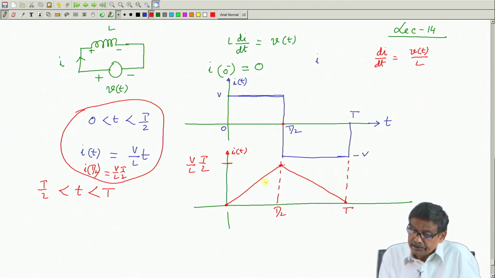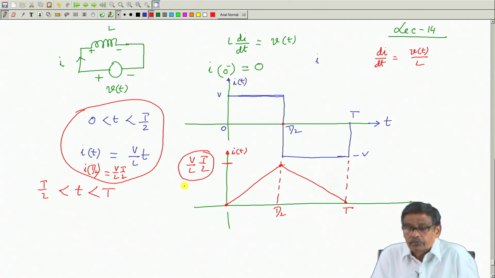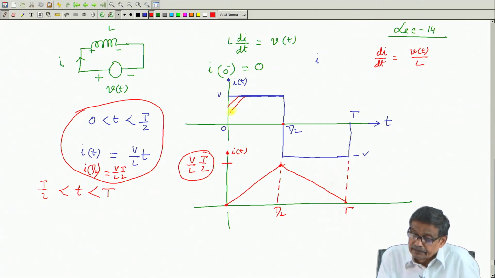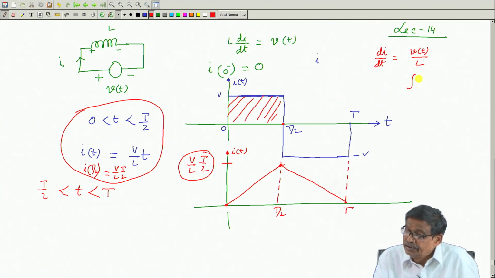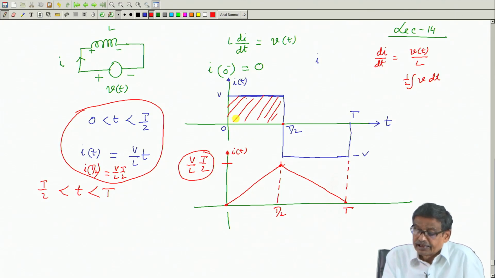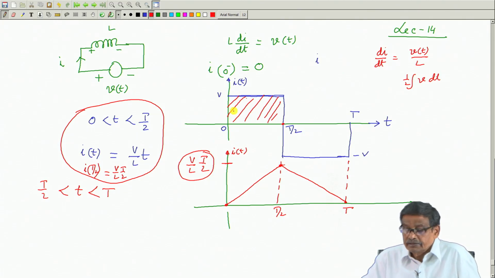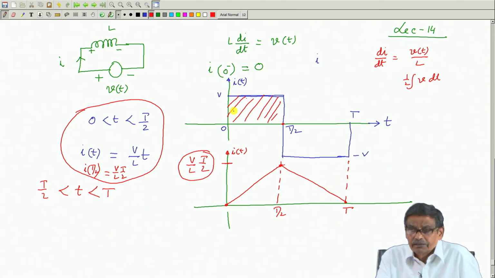To establish this much current, V by L into T by 2, how much volt second have you spent? This much volt second: integral of V dt, with 1 by L, L being constant. In this case, it was simple V into T by 2.